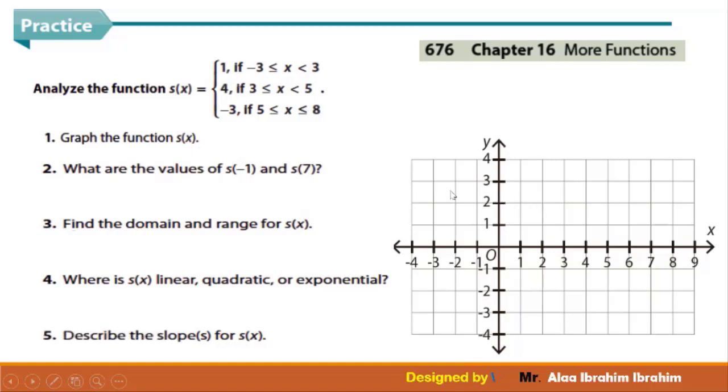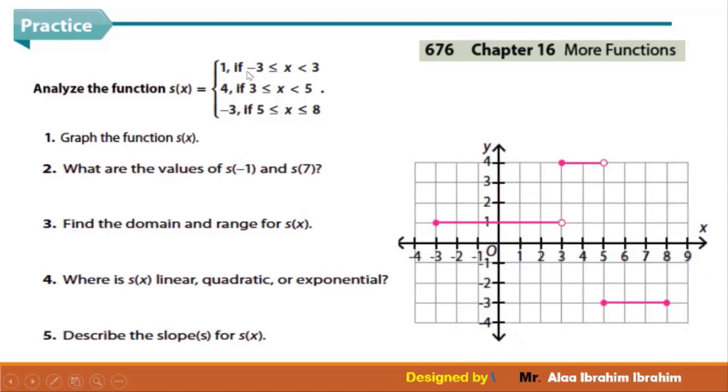So if we graph it here, it will be like this, because from negative 3 to 3, negative 3, 1, and 3, 1. Take the start and end. So I started at negative 3, 1, 3, 1, x, y, x, y. So this is negative 3, 1, 3, 1.